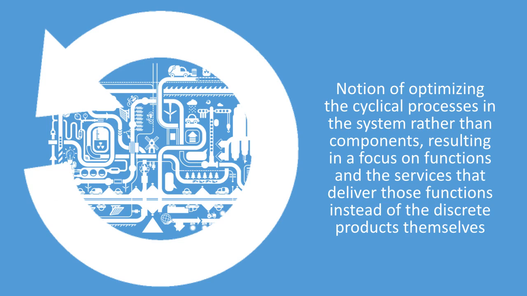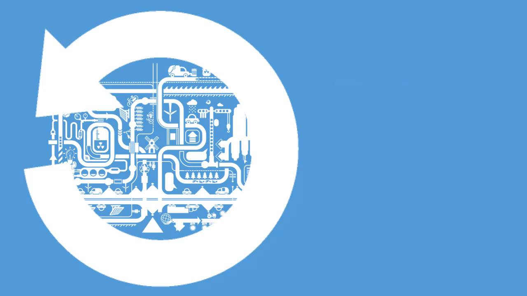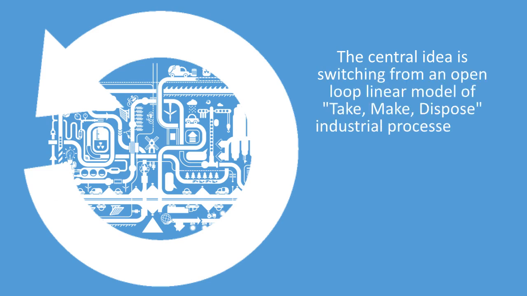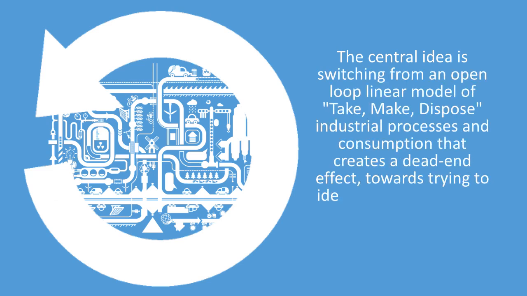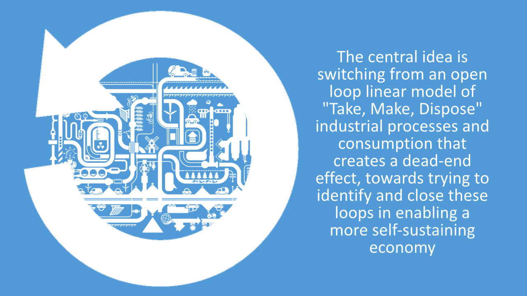As a generic notion, it draws from a number of more specific approaches, including cradle-to-grave design and life cycle assessment. The central idea is switching from an open-loop model of take, make, and dispose industrial processes and consumption that creates a dead-end effect, towards trying to identify and close these loops in enabling a more self-sustaining economy.